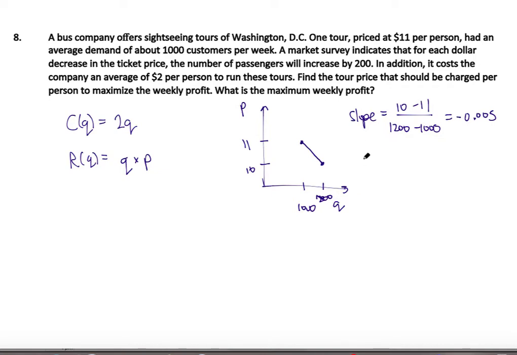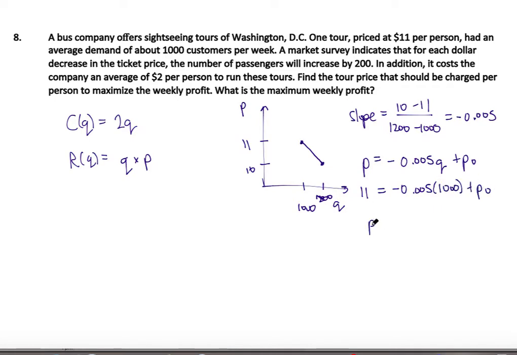And then we need to put together our function. So we have P equals negative 0.005 Q plus P0. Then we need to plug in a point to find P0. So our price, we'll just do 11 equals negative 0.005 times our quantity of 1,000 plus P0.